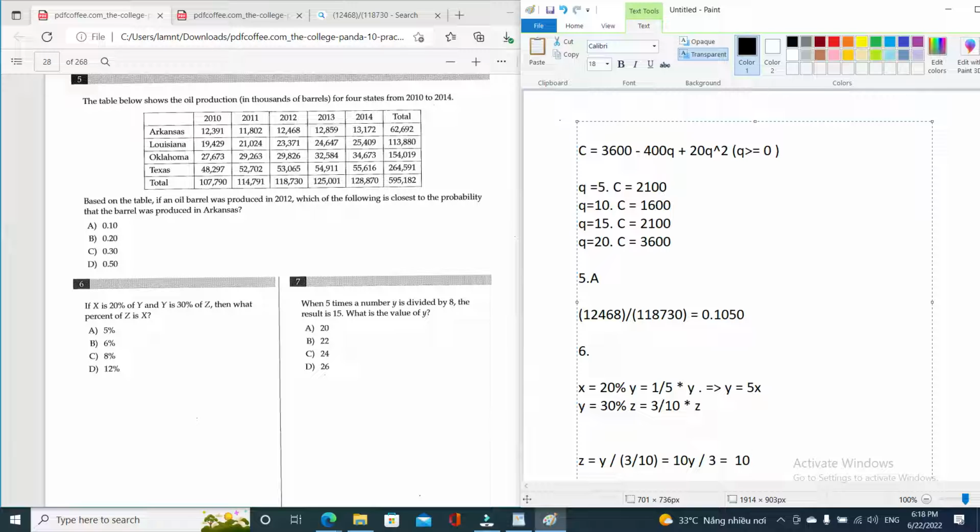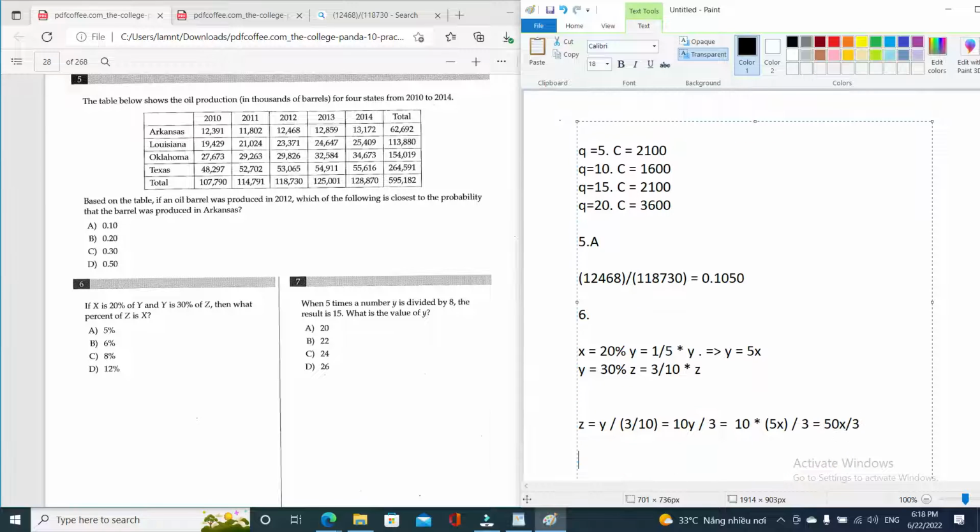Okay, so something is wrong there. X is 20% of Y and Y is 30% of Z. Okay, I see. We are on the right direction. 10 times 5x over 3, which is 50x over 3.